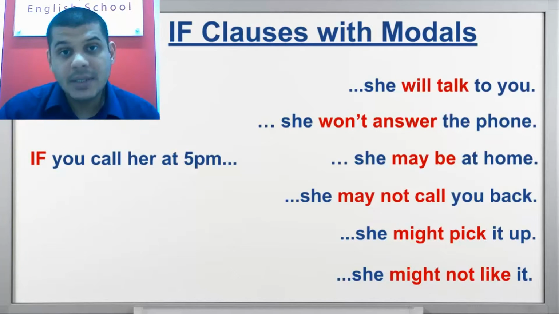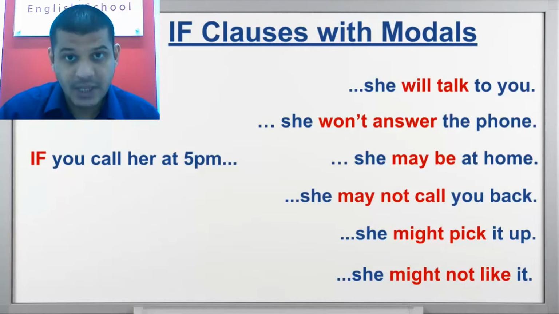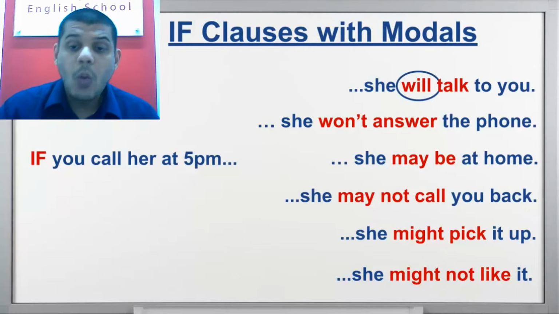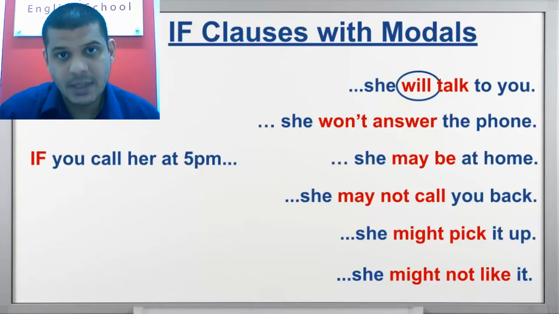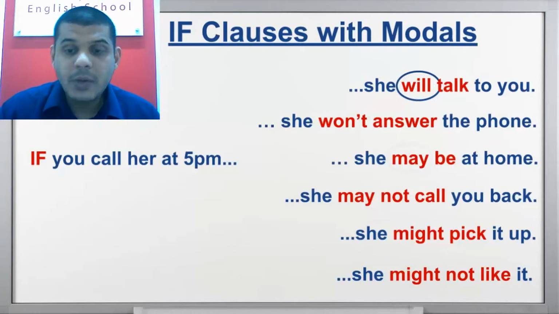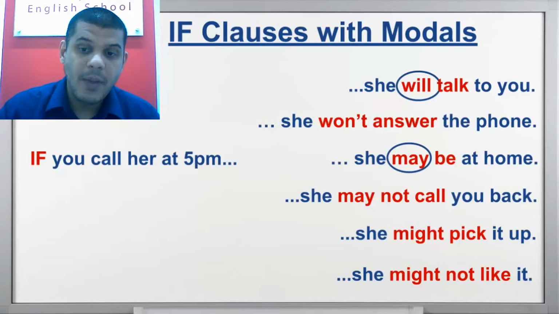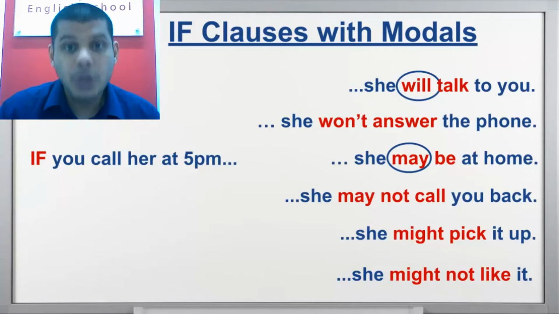And for these complements, I used different modals, right? If you analyzed, I used, for example, will. When I use will for if clauses, I'm indicating a high level of certainty, okay? But when I use may, for example, I'm not so sure about what I'm talking about, right?